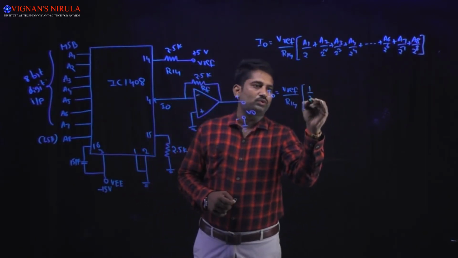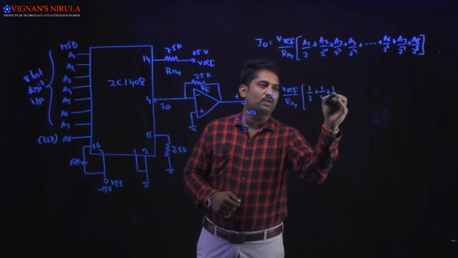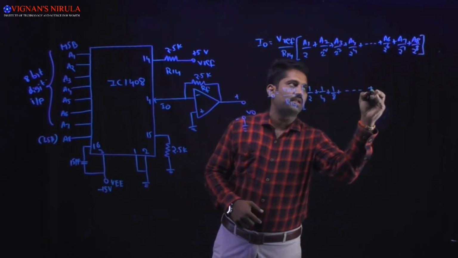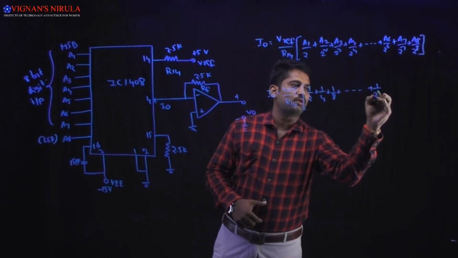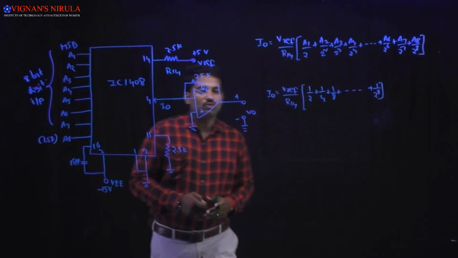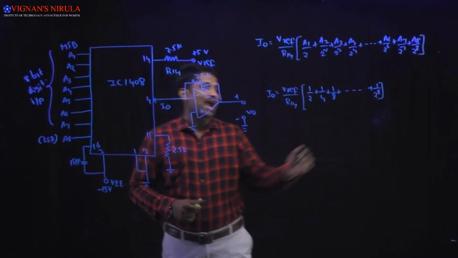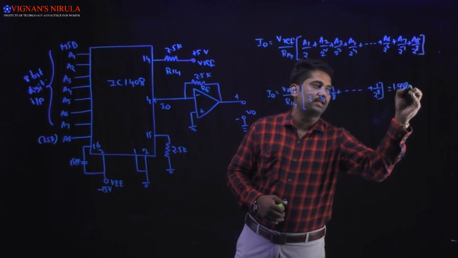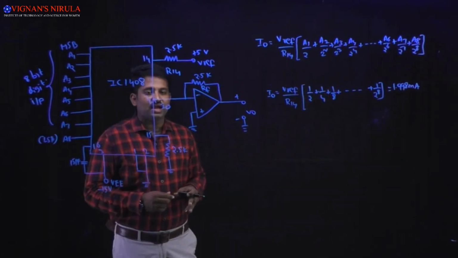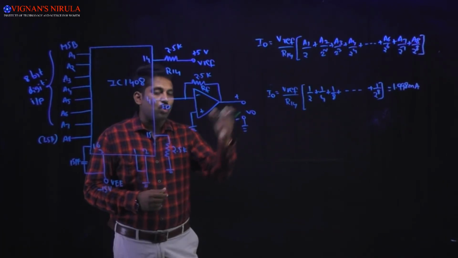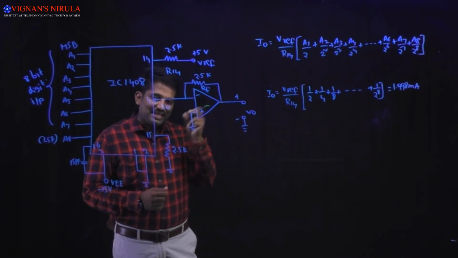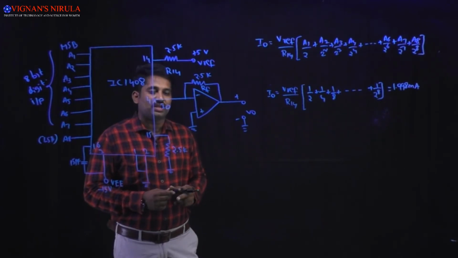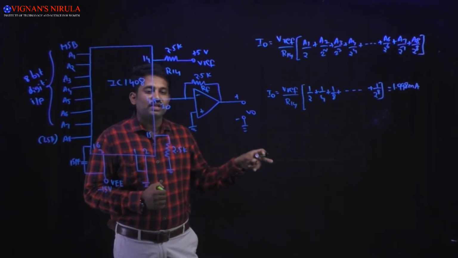So 1 by 2 plus 1 by 4 plus 1 by 8 and so on, plus 1 by 2 to the power of 8. So we will get the output current as 1.998 milliamperes. Compare the output current with the input reference current. The output current is slightly less than the input reference current, which is 2 milliamperes.